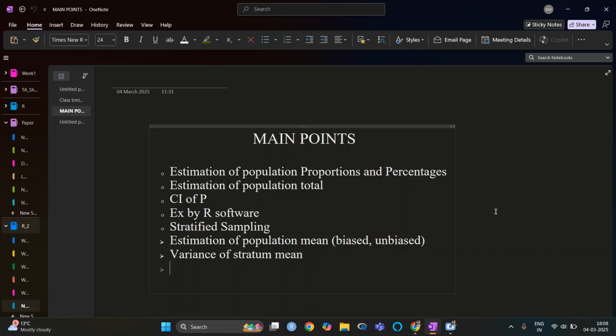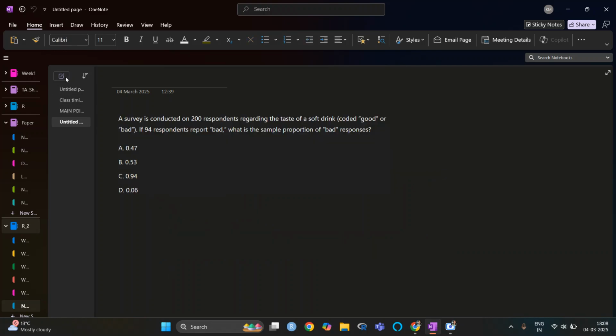The next thing is stratified sampling. We will see that there can be several parts according to the conditions required. After that, we will have the estimation of population mean based on stratified sampling, and similarly for the variance also. So these are some questions we will do later.